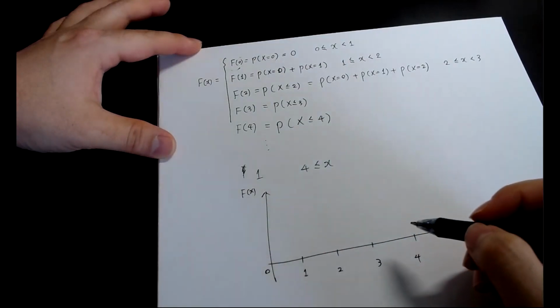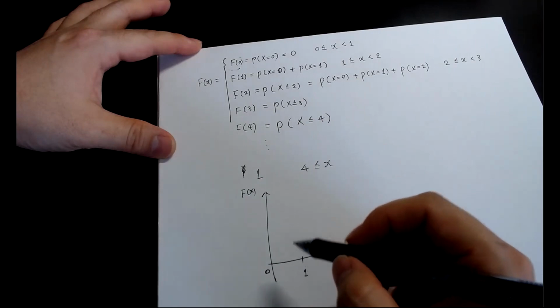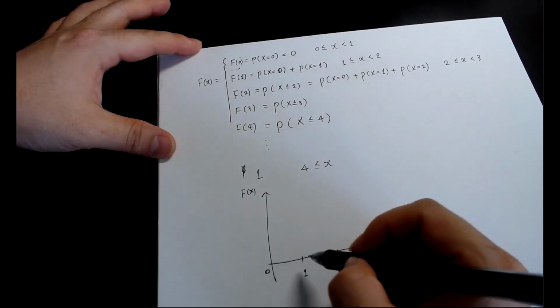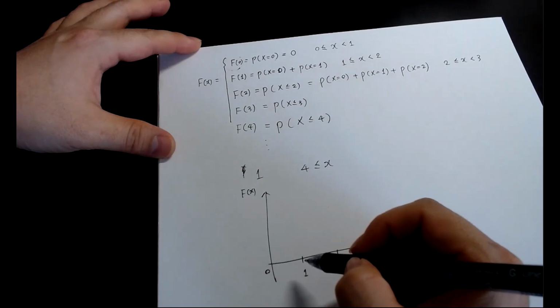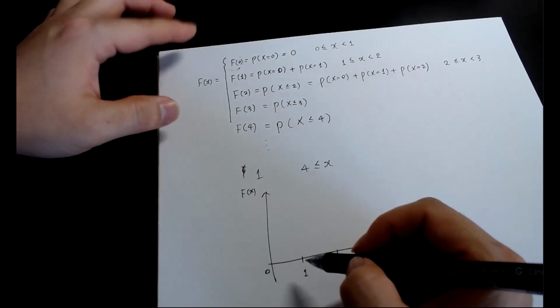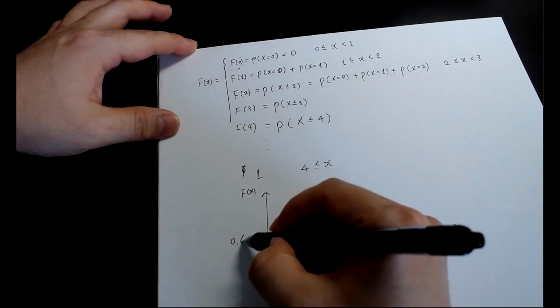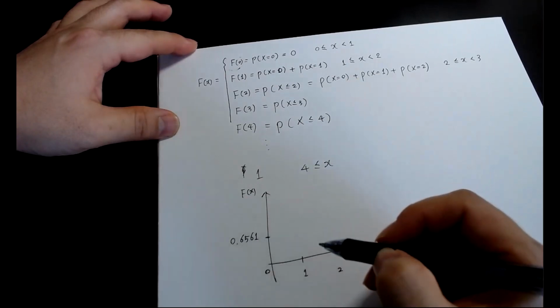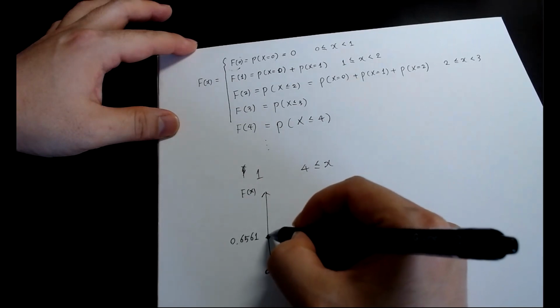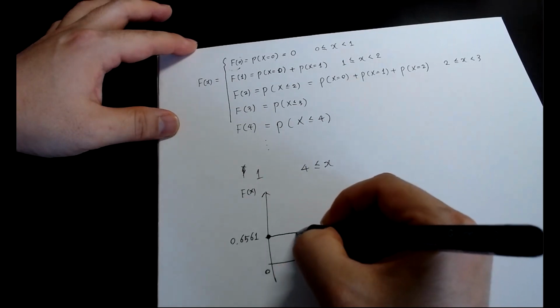So when x is between 0 and 1, then F of 1, the textbook says, is 0.6561. So the point here is 0.6561. 0 is included, and then 1 is not included.